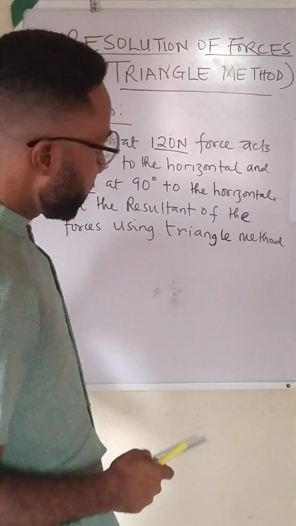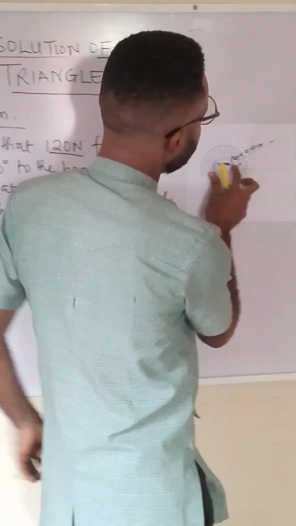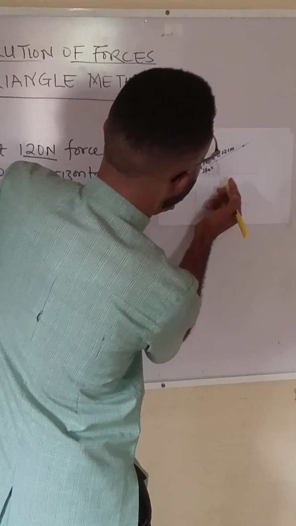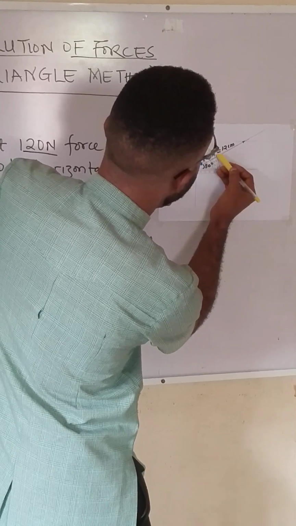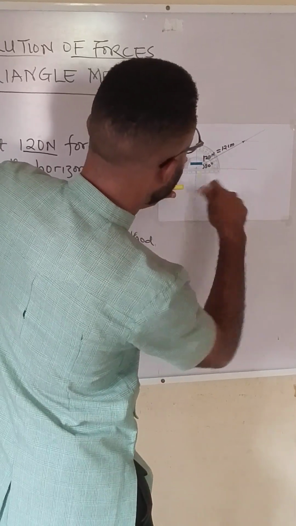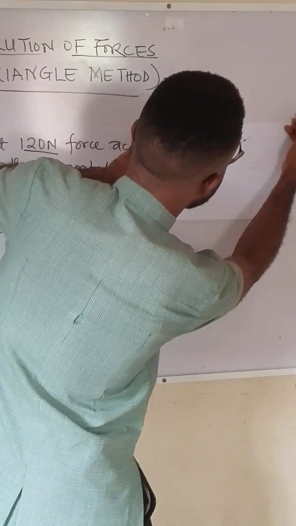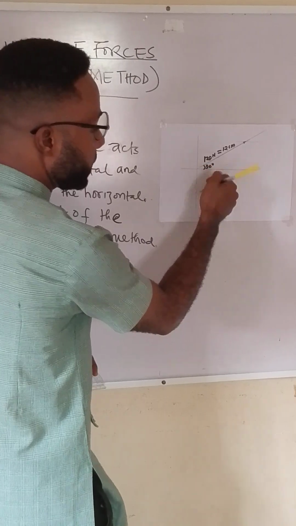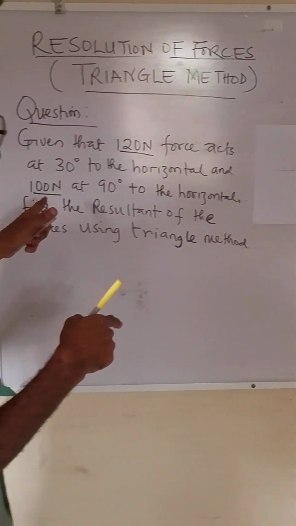So we bring our protractor and place it here. We measure 10, 20, 30. This is where the point of 30 degrees is to the horizontal. Then we remove it, fix the point, and draw a straight line through that point. We call this 30 degrees because it is inclined at 30 degrees to the horizontal.